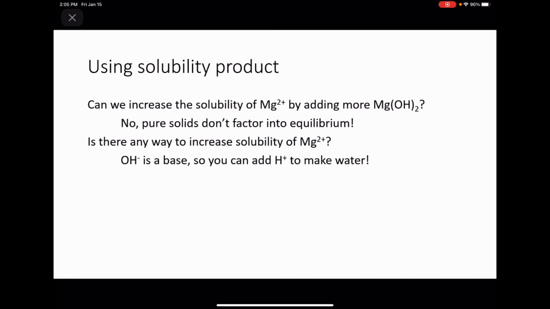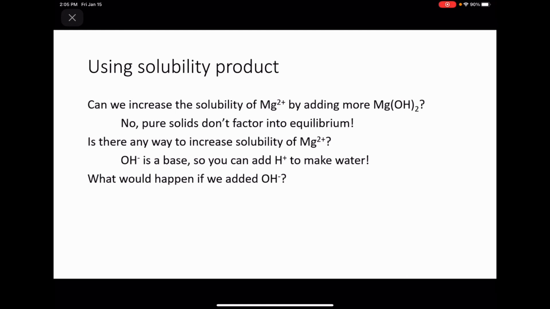We just got done probably taking way too much time talking about acids and bases. So if we were to add an acid, it would react with the OH minus, generate water, and then more of the magnesium hydroxide would have to dissolve to reestablish the correct equilibrium. So if we added acid, we could make it more soluble. So if we wanted to make magnesium hydroxide soluble in water, we just need to add acid.